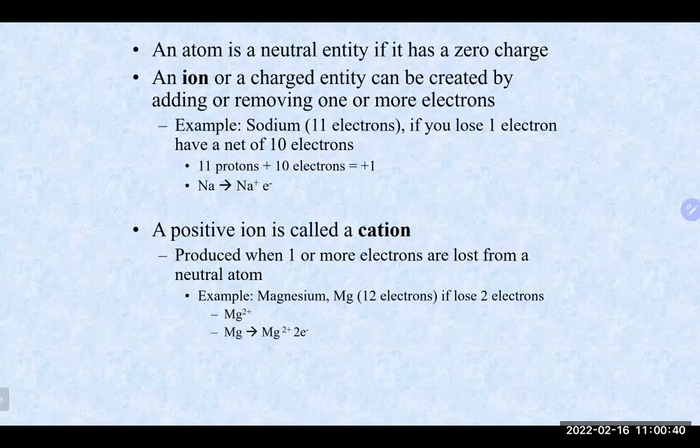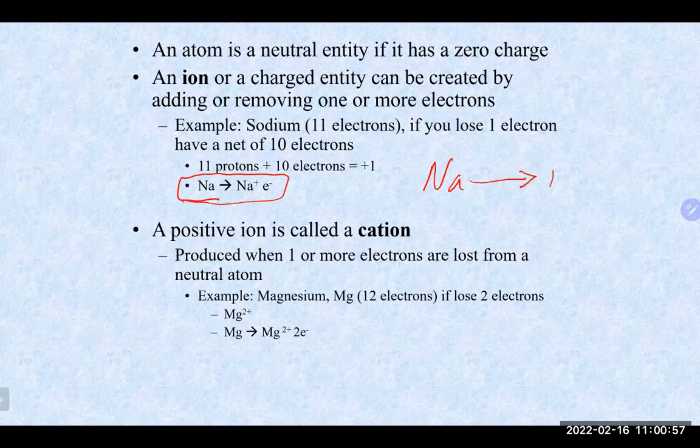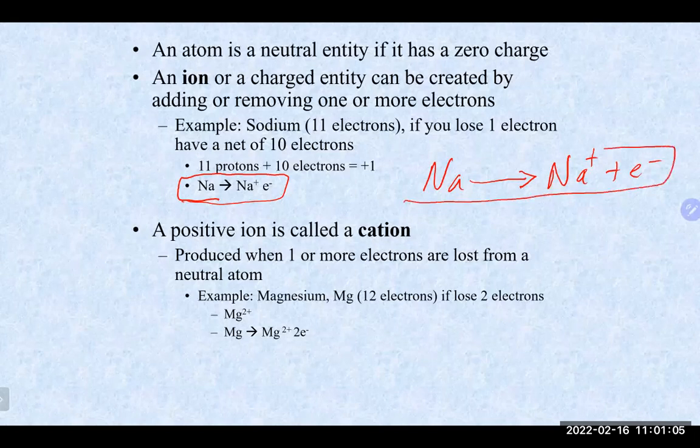If we look at sodium, which has 11 protons, and a neutral sodium would have 11 electrons, it will lose one electron and become sodium with a positive charge, plus an electron. This is an equation form that represents the formation of a cation for sodium.